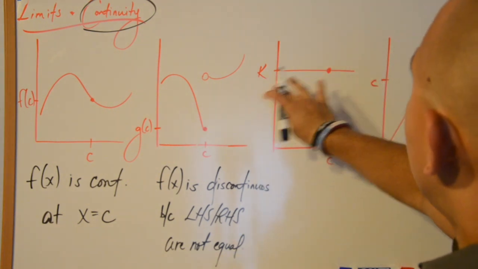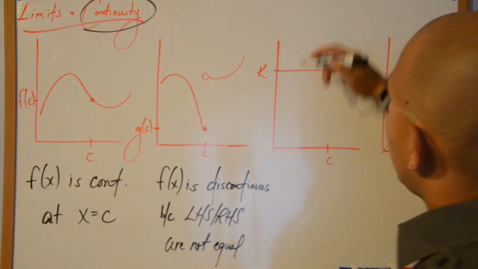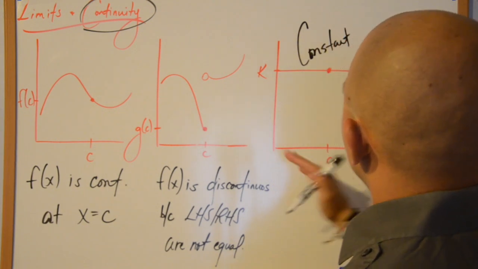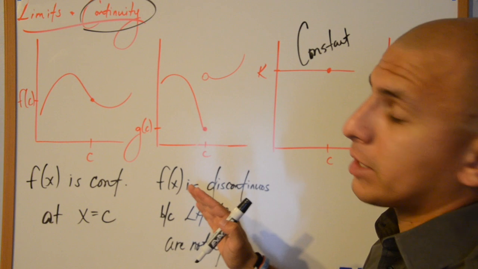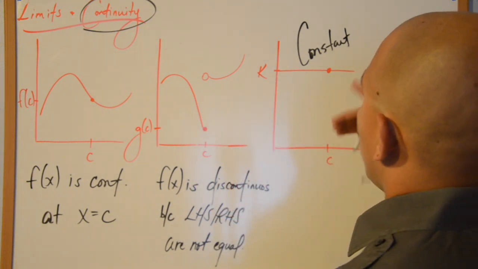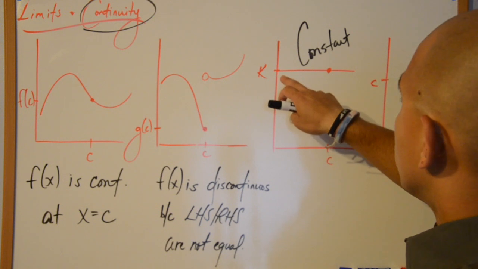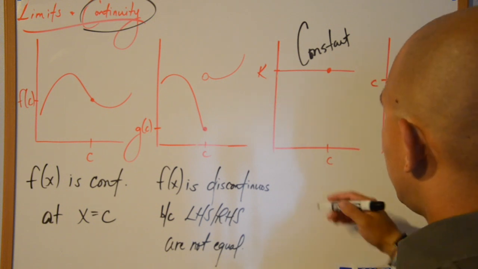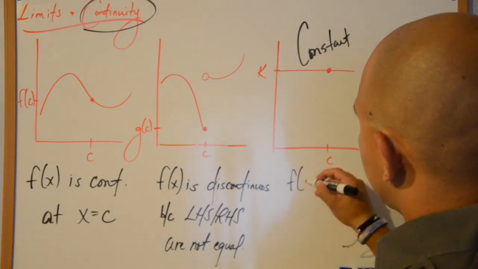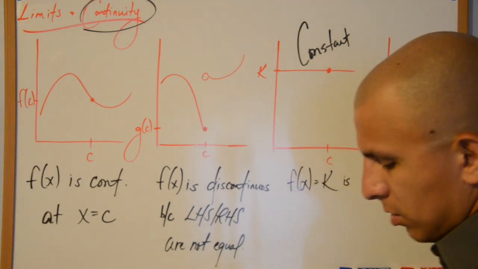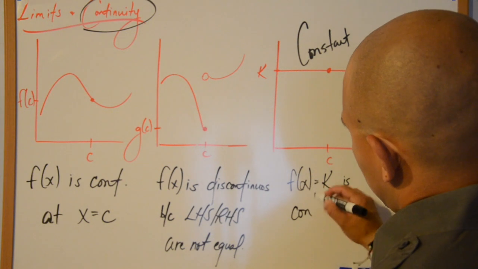Okay. This one should be a gimme, but if not, that's totally okay. We have a constant function. Regardless of what value along the x-axis we select, the value along the y-axis, or this line y equals k, will not change. So we can say f of x equals k is continuous as well.